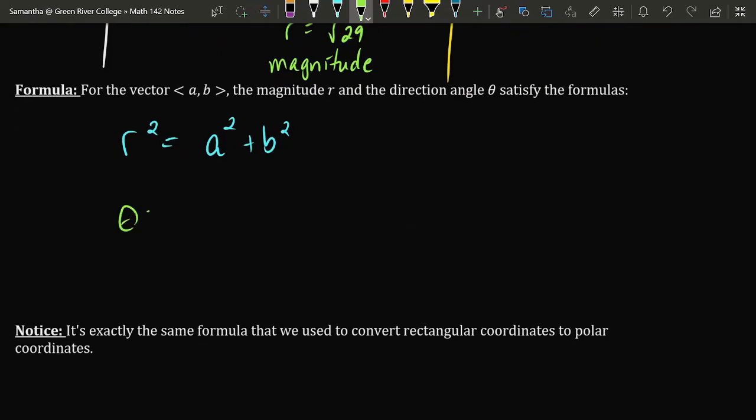Meanwhile, the formula for theta would be different depending on the quadrant into which the vector pointed. If you had a point that was located in either quadrant 1 or quadrant 4, you could find the angle simply by taking inverse tangent of the y component divided by the x component.